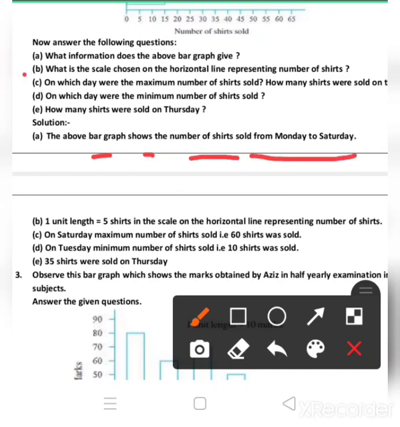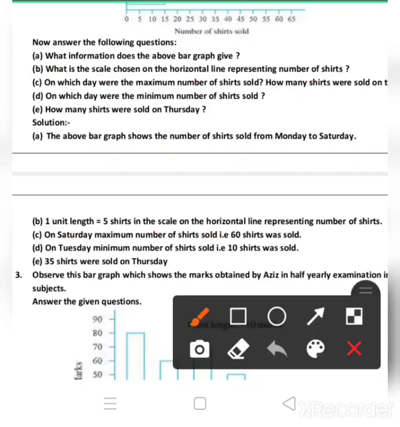Next, question number B. What is the scale chosen on the horizontal line representing number of shirts? 1 unit is equal to 5 shirts because here we have 0 to 5, 5 to 10, 10 to 15, all the values with the difference 5. So unit length is equal to 5 shirts in the scale on the horizontal line representing number of shirts.